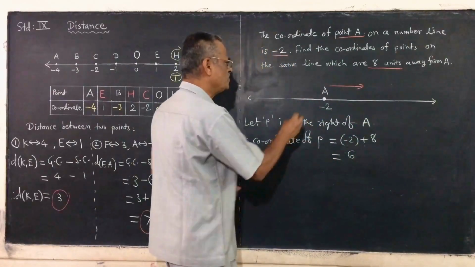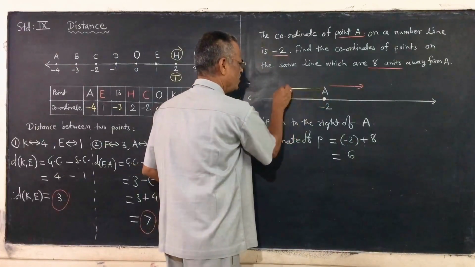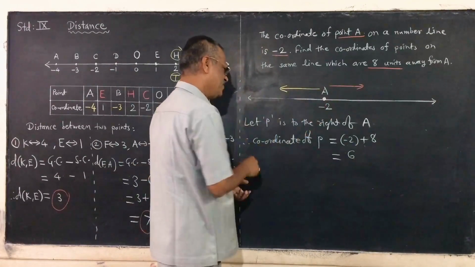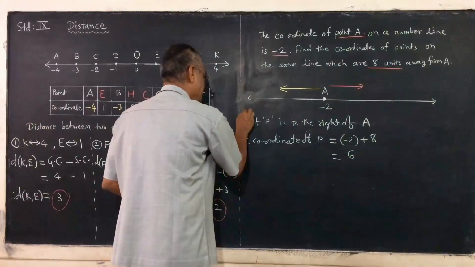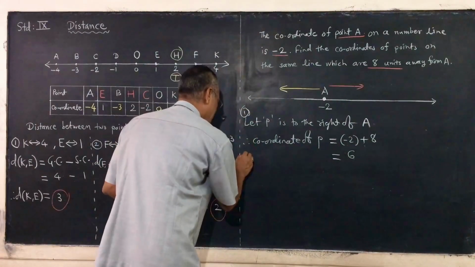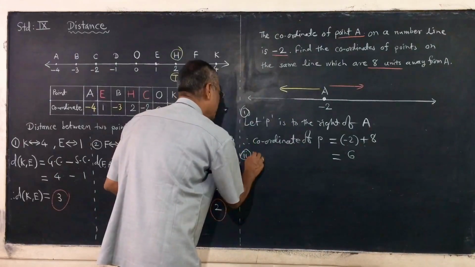And when we go to the left hand side from A, what is the second possibility? This is the first possibility, and what is the second possibility?